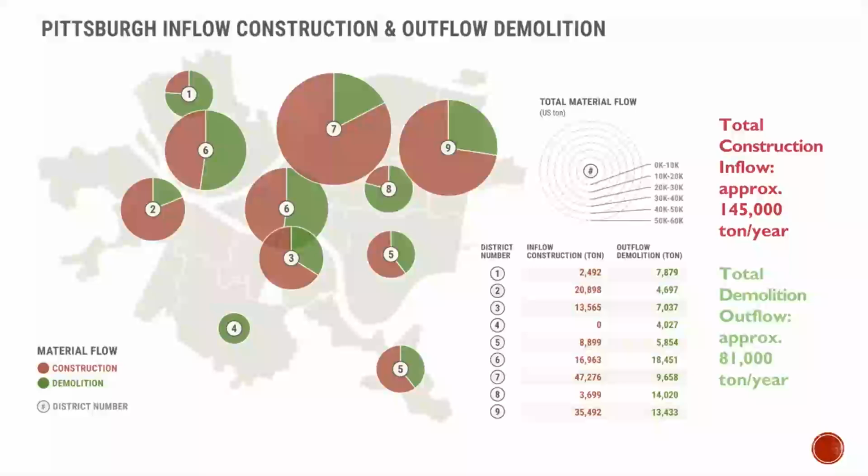So we tried to answer this question by having a consultant, Metabolic, from the Netherlands come out and look at the flows of construction materials that come into new construction and the outflows of demolition materials, and what is the makeup of those demolition outflows. So you can see the numbers there. Next slide, please.